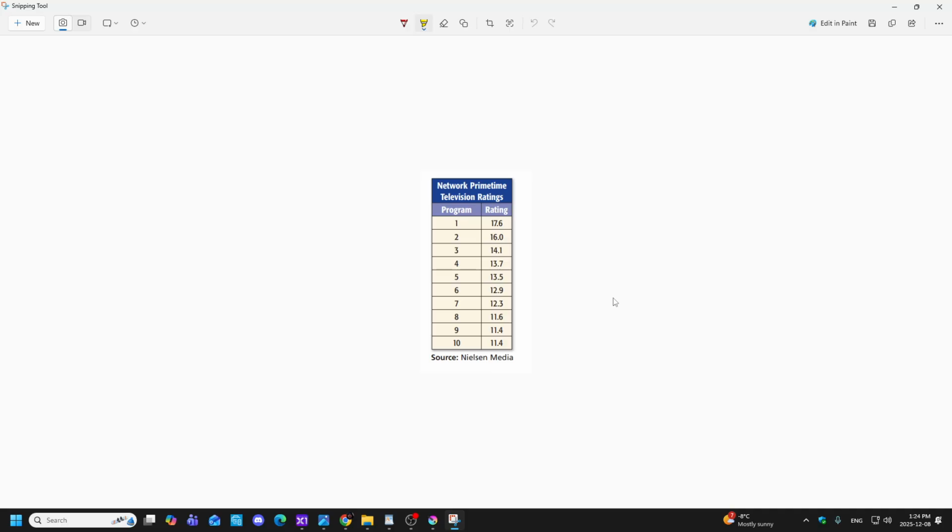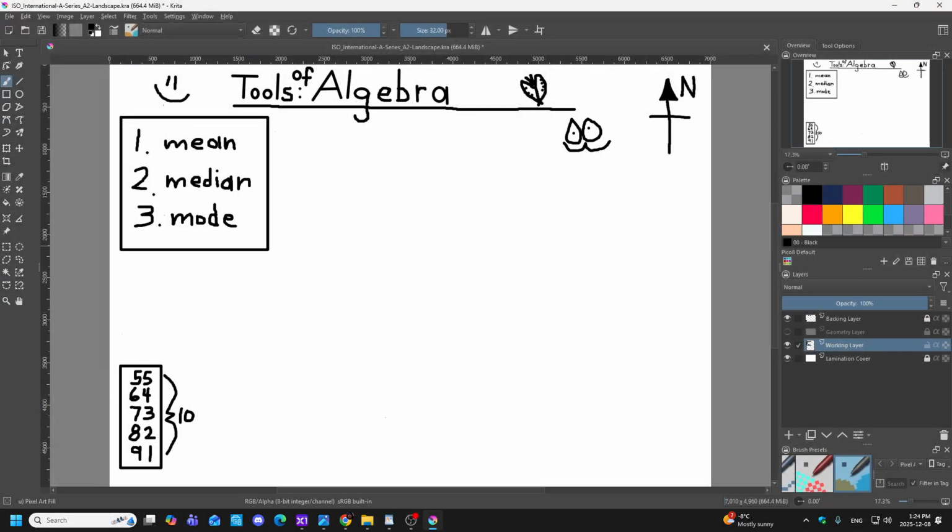We do have to put them into order. Let us begin. They've already told us how many there are. There's 10. 1, 2, 3, 4, 5, 6, 7, 8, 9, 10. I didn't need to count because it was right there. We have a total of 10 in our data set. We need that number for our mean. So I have to put these in order and hopefully I don't miss anything.